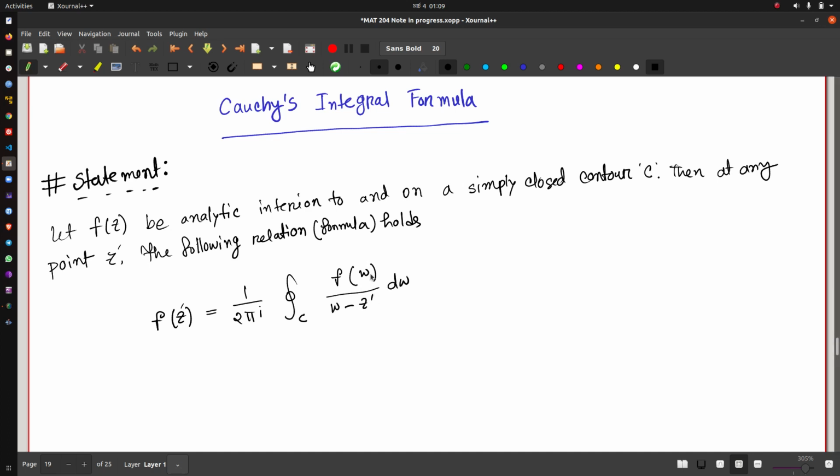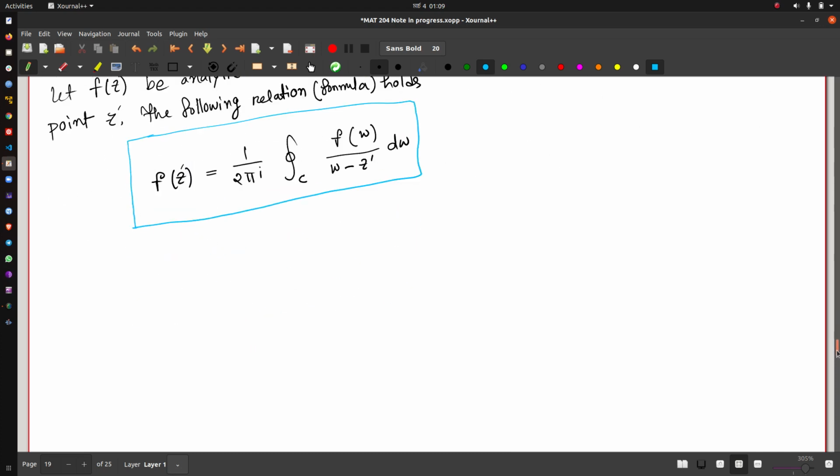This w is just a dummy variable. This is known as Cauchy's integral formula, and now we're going to see the proof of why this is so. So now we try to prove this.